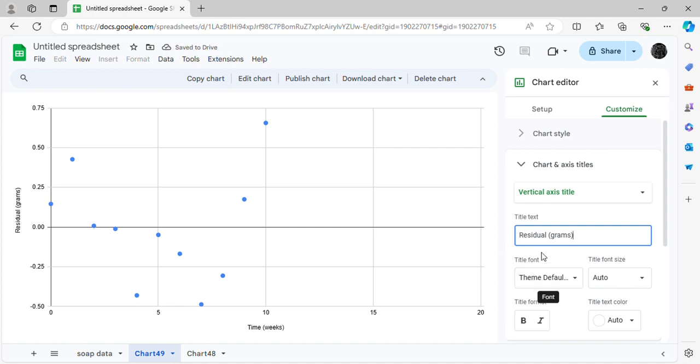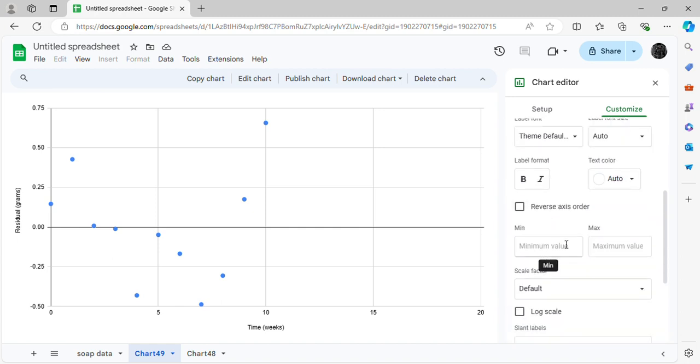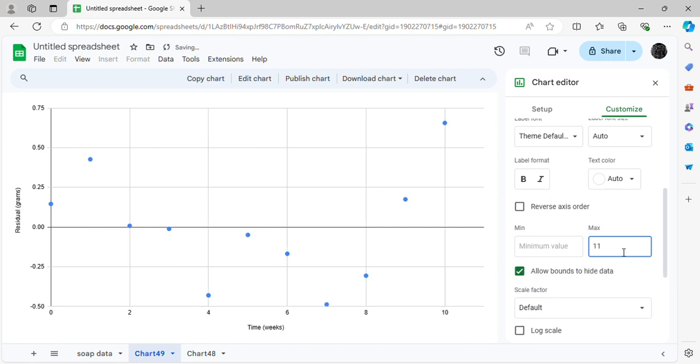And for the horizontal axis, let's choose the minimum to be 0 and the maximum to be 11 weeks.